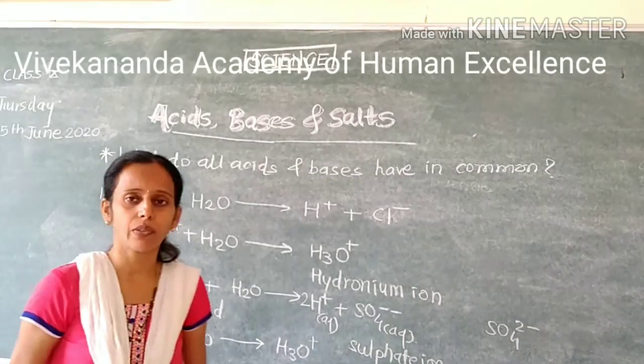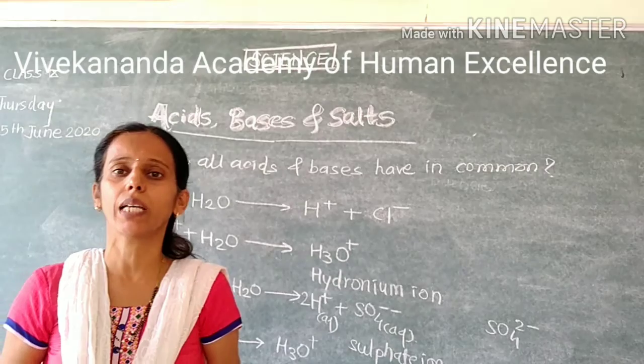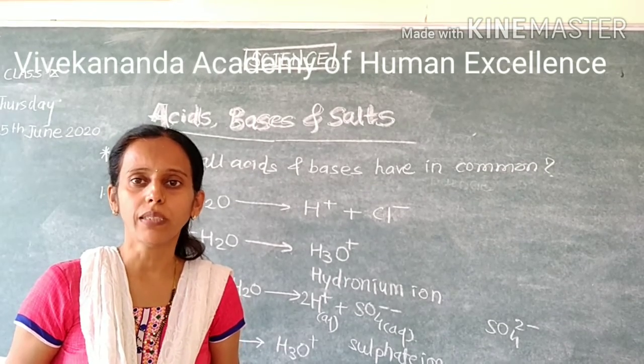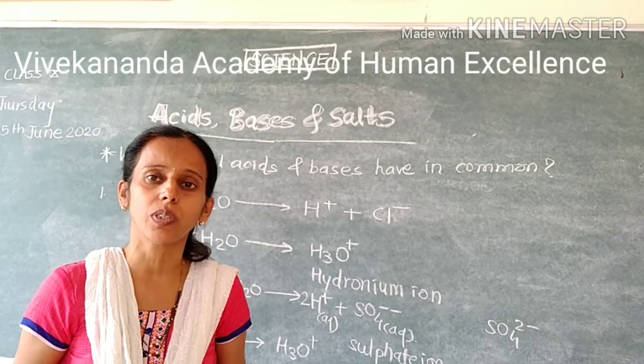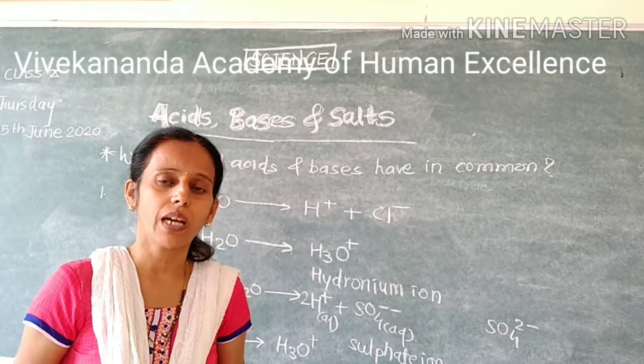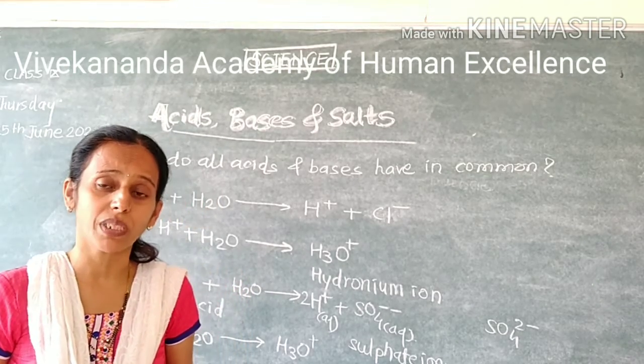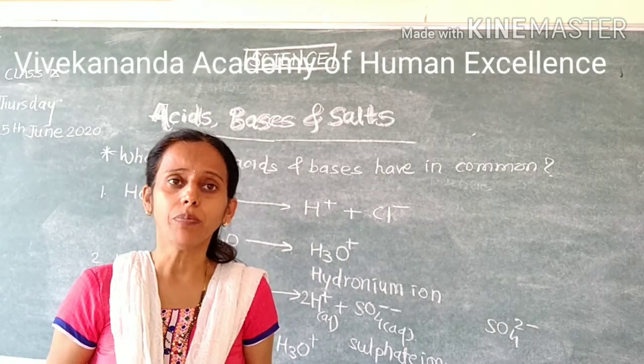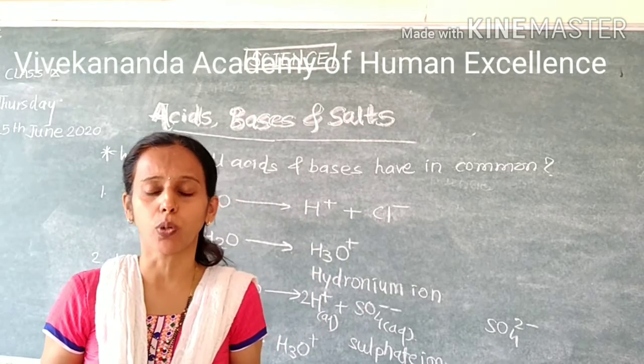And one care that we have to take during dilution of the acid is that we should add acid dropwise into the water with continuous stirring. If we do the opposite, when we add water into the acid, then it may splash out. Why?